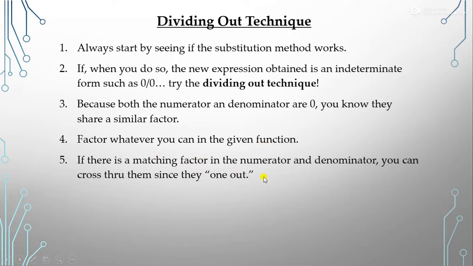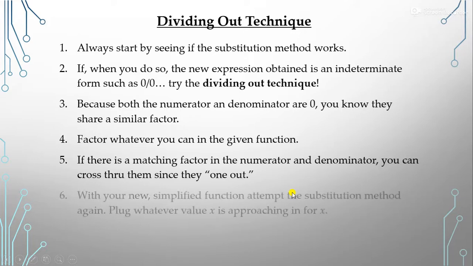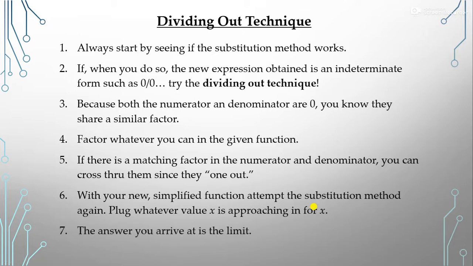If there is a matching factor in the numerator and denominator, you can cancel it out and write your new simplified function, then attempt the substitution method again, plugging in whatever value x approaches. Then you will get the value of the limit.